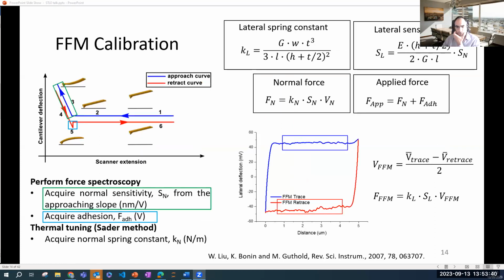Before I continue with some case studies, I would like to touch upon calibration for friction force microscopy. A widely used method was developed by Ogletree, Carpick, Salmeron, and others and uses a wedge to calculate the lateral spring constant.